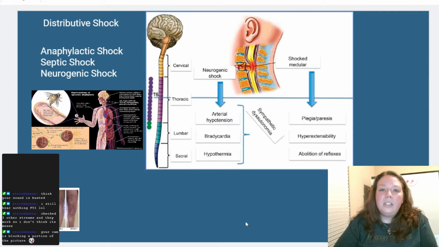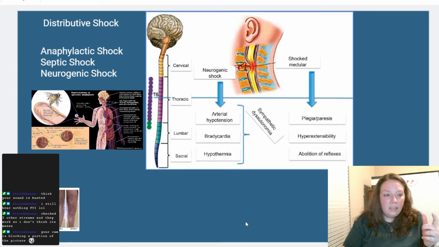Well, these patients have warm, dry skin due to all the blood vessels dilating on the skin. Instead of in other cases of shock where some of the surface vessels constrict, in neurogenic shock they all dilate. You've got warm skin. It's dry. It's not cool and clammy.